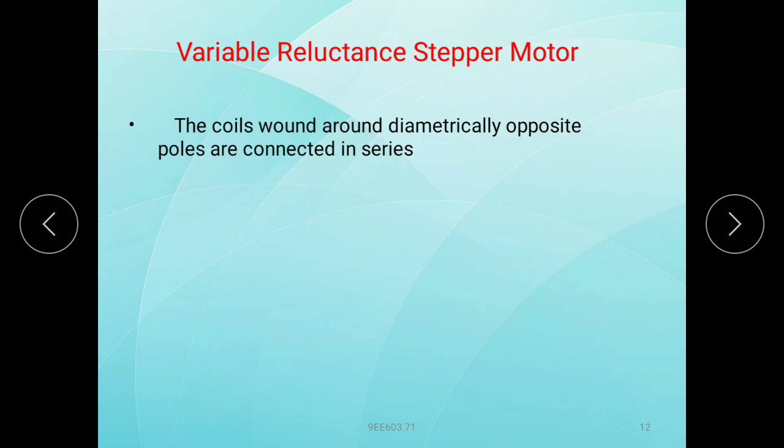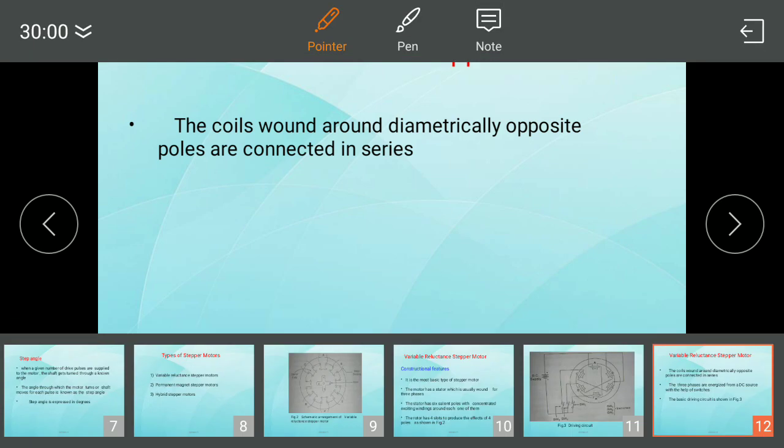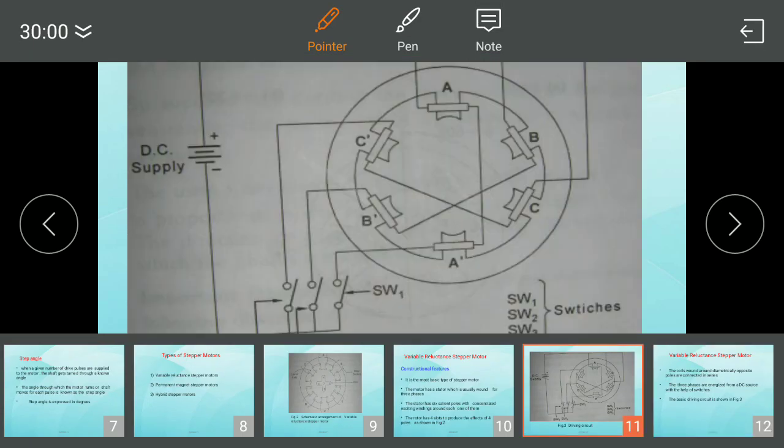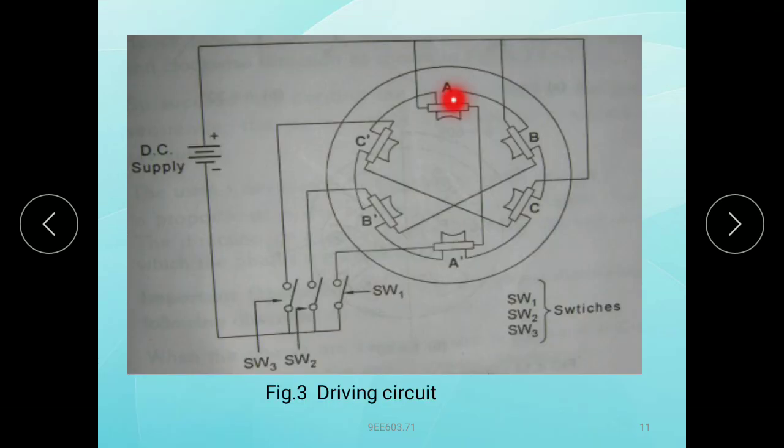Now in the variable reluctance stepper motor, the coils wound around diametrically opposite poles are connected in series. See here, these are the opposite poles. For example, this is north and this is south.